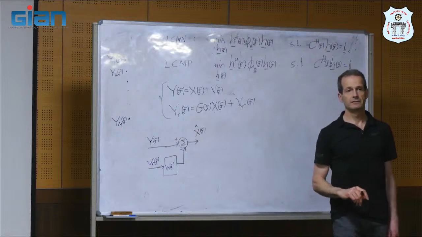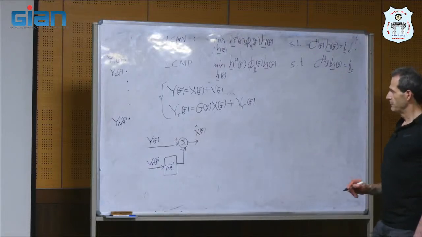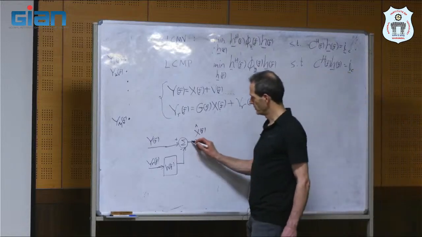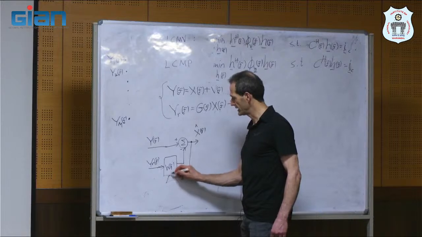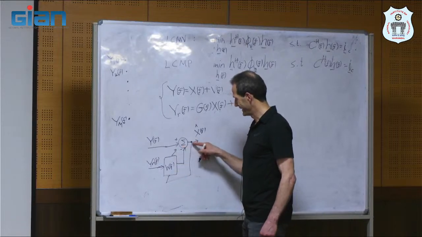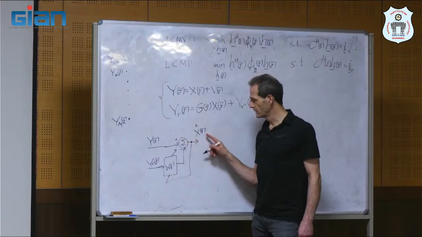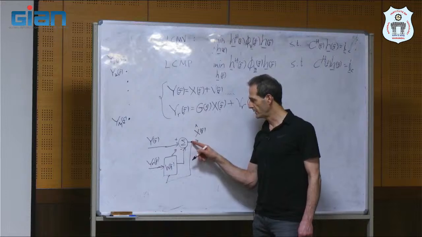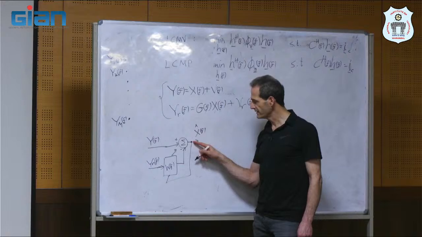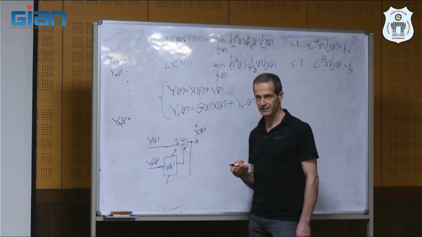This is not a good solution. Why? Because if we try to adapt or find W such that the energy here is as low as possible, what will happen? W will try to minimize the energy, the variance here, by filtering also the desired signal.